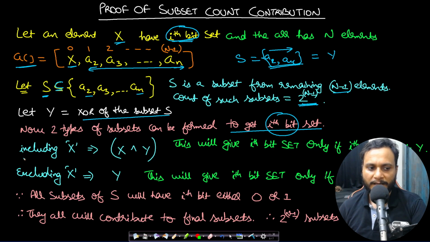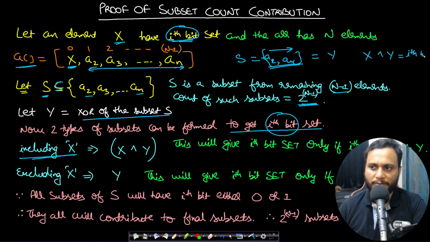So that same logic is applied here, that two types of subsets can be formed to get the ith bit set. Let's say that I want to include X in such a way that X XORed with your Y should have the ith bit set. Now I already know that X has the ith bit set. That is what I have assumed. Let an element X have the ith bit set.